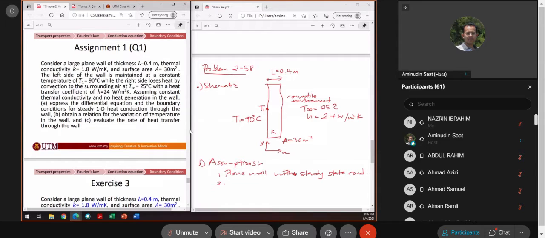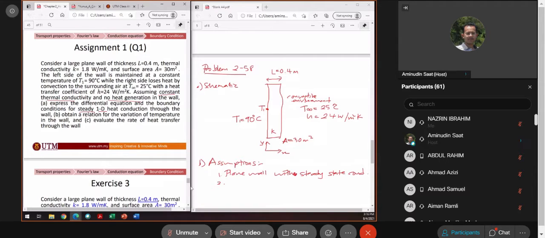By reading back the problem, you can put some of the assumptions that are already given: constant thermal conductivity, no heat generation, steady, one dimensional. So these are the assumptions you can use to simplify the equation.